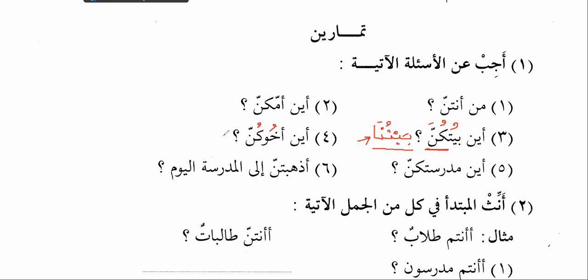So how will you say akhuna? أخونا, you can say أخونا في الكلية, anything. كلية means our brother is in the college, anything you can say.